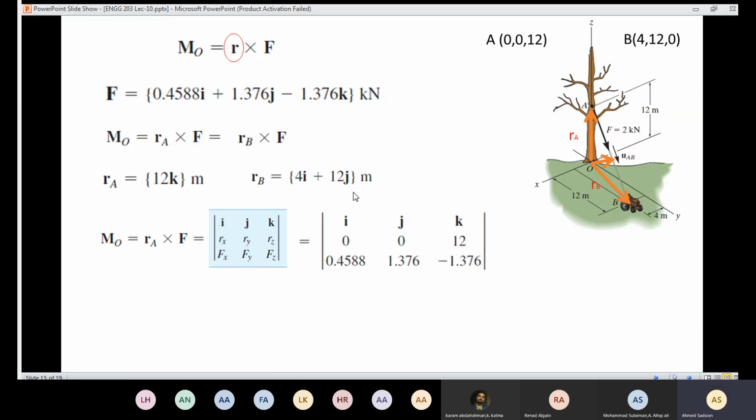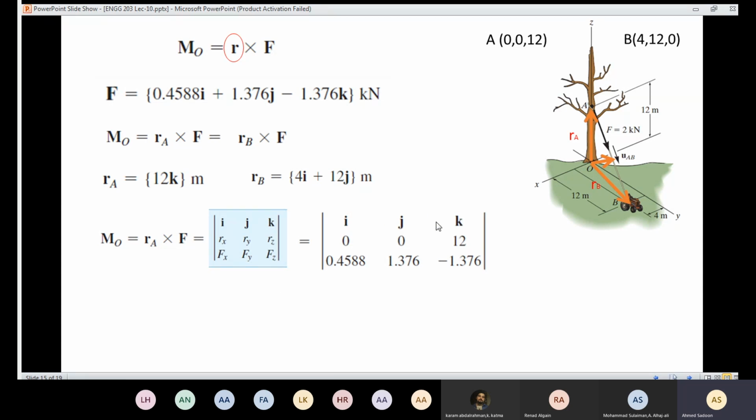Now, I'm in a position to calculate the determinant for that matrix. First, I'm going to start with I. I'm going to make a line here and a line here. I'm going to say the first part is I times 0 multiplied by this one, minus 12 times that one here. So I'm going to go like that.